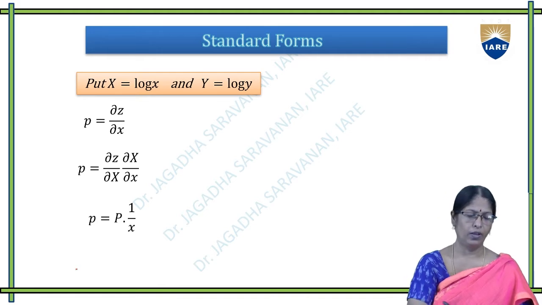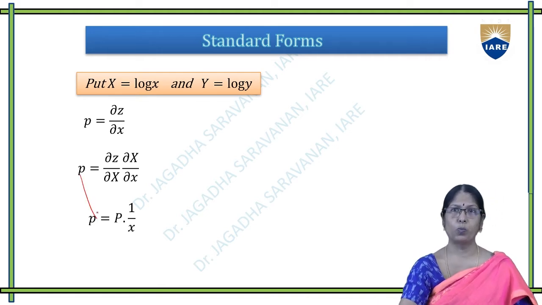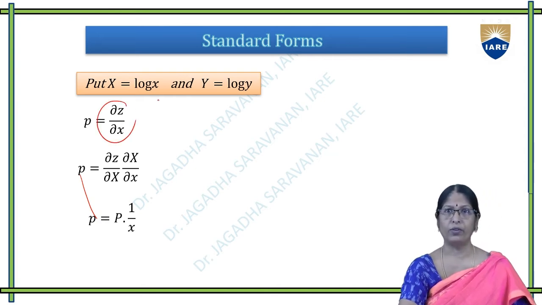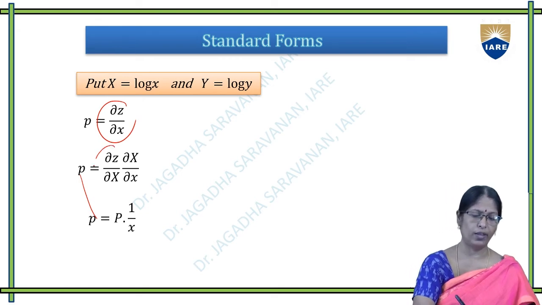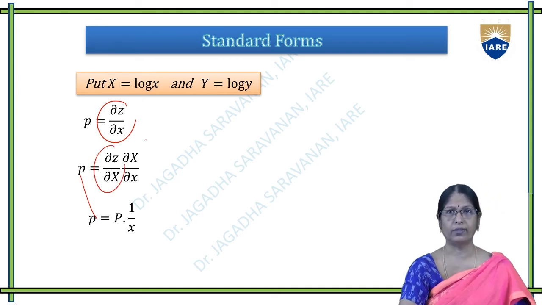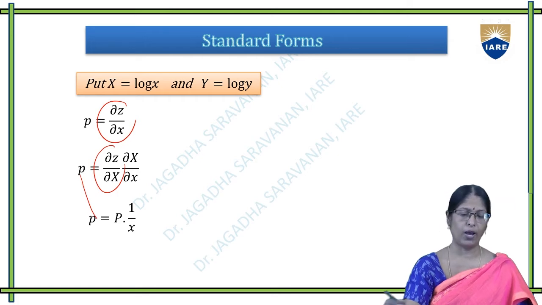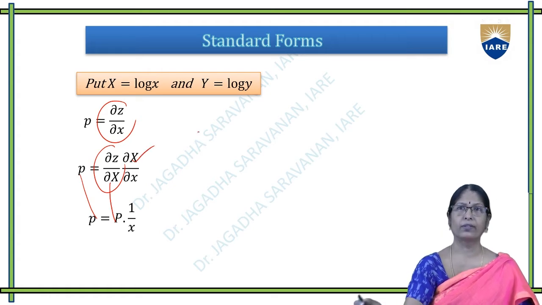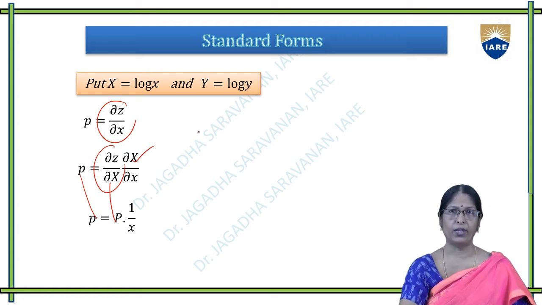So now we can say the small p, the notation we have taken, is dou z by dou x, whereas dou z by dou capital X is denoted by capital P. And capital X we are going to differentiate partially with respect to small x.